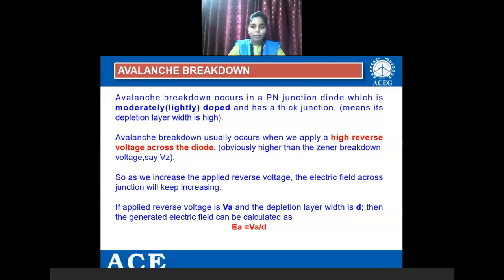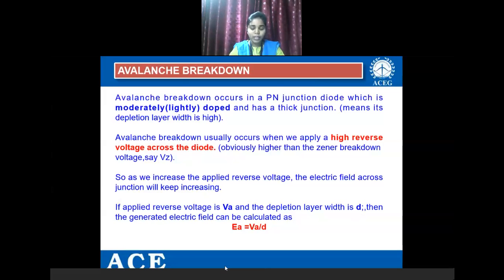Whenever carrier multiplication takes place, our diode is going to conduct very heavily and is going to break down. This is known as what? Avalanche breakdown.